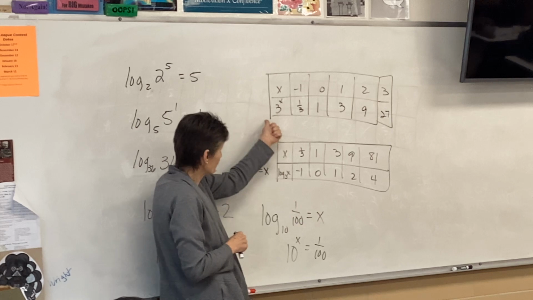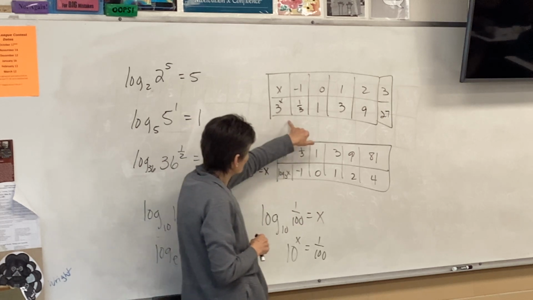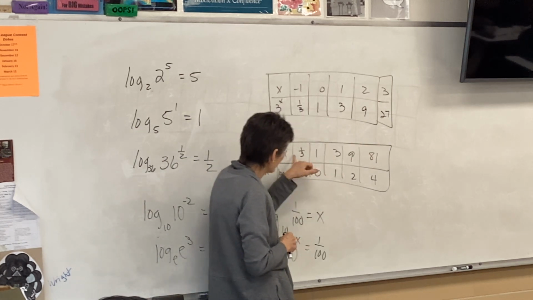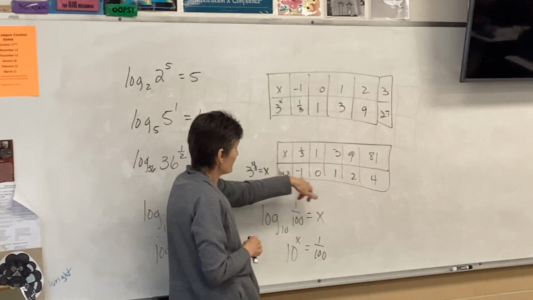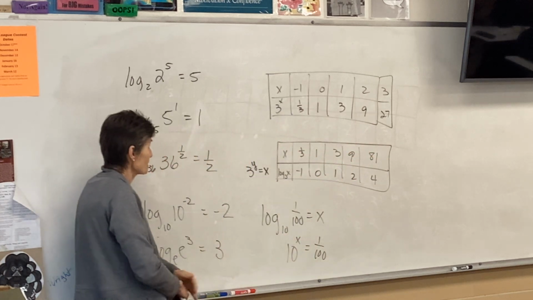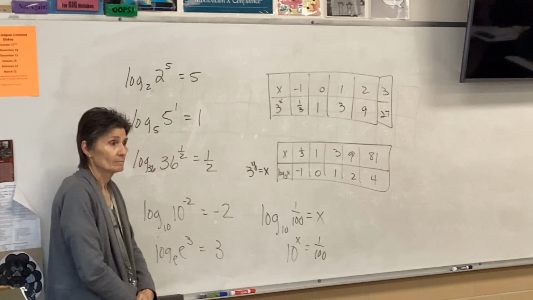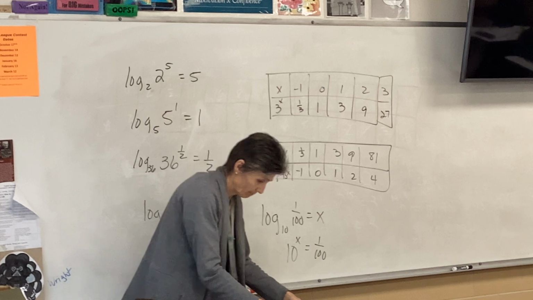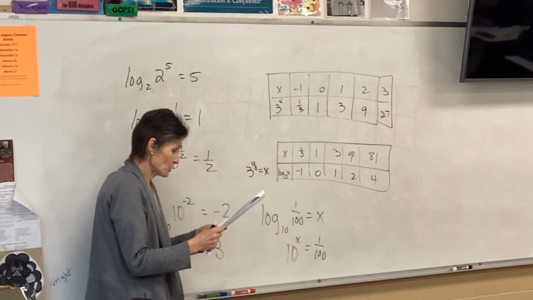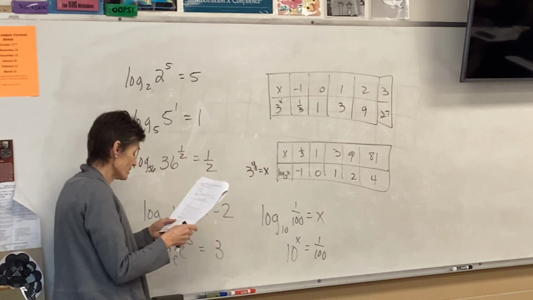This one is the inverse of that one. So notice that the y's became the x's, except for that last one, it got a little weird. And then the x's became the y's. Is that okay? The relationship between F and G are inverses, definitely.